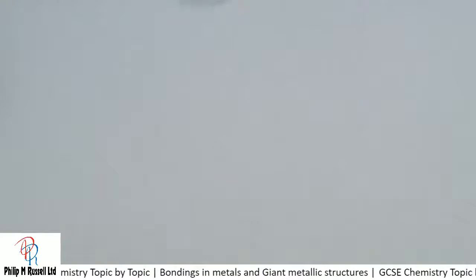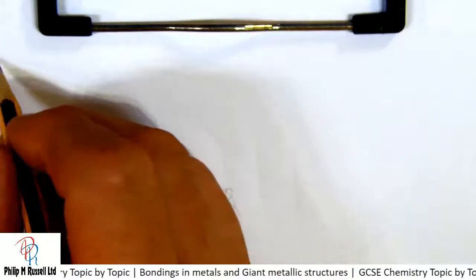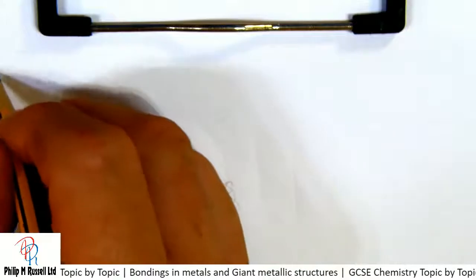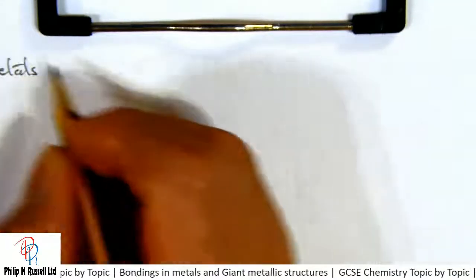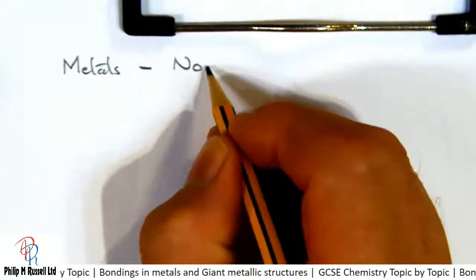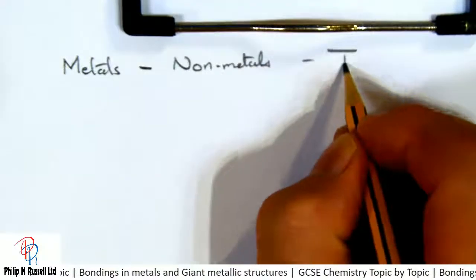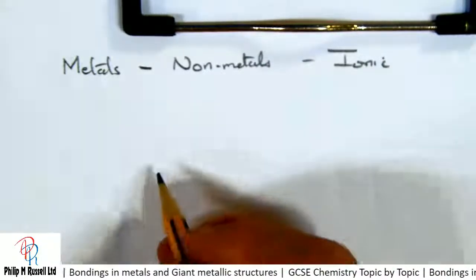So we've met already bonds where we have metals bonded to non-metals. This is ionic bonding.